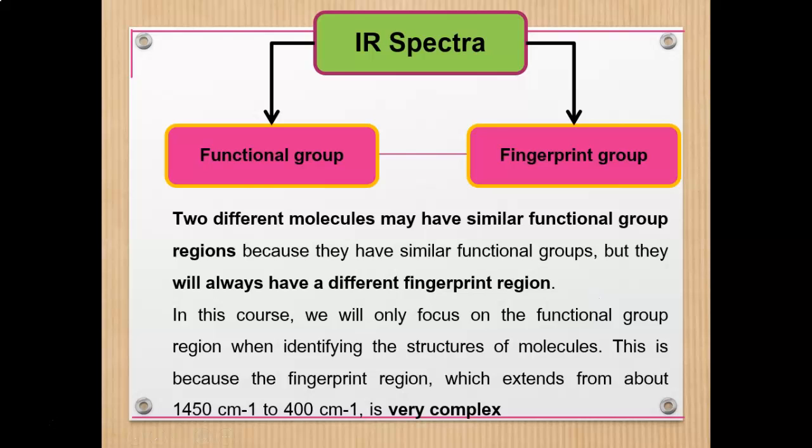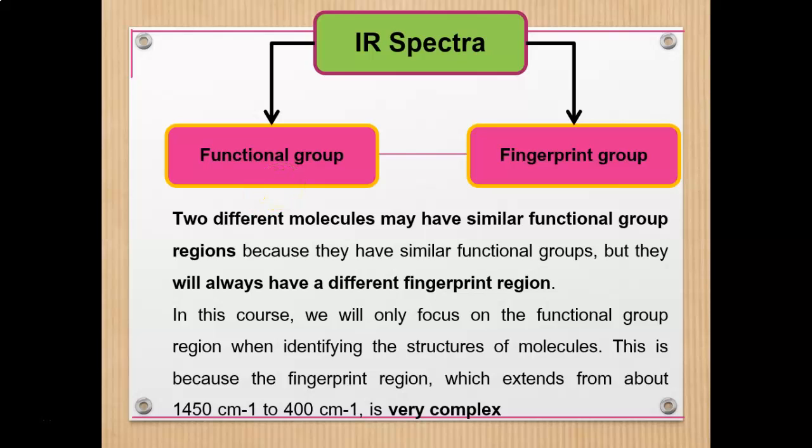Alright, now we look at the functional group and fingerprint region. What is the difference? Two different molecules may have similar functional groups. For example, if you have the structure of an aldehyde and a ketone, for aldehyde we have C double bond O, right?